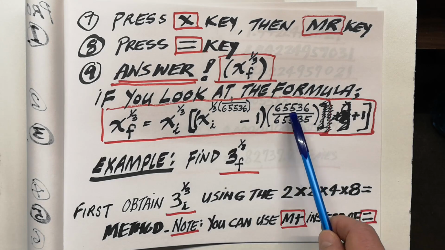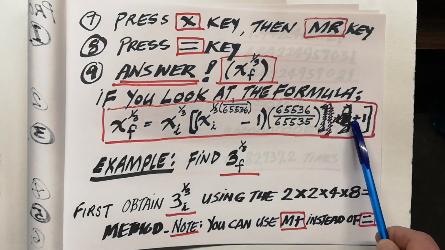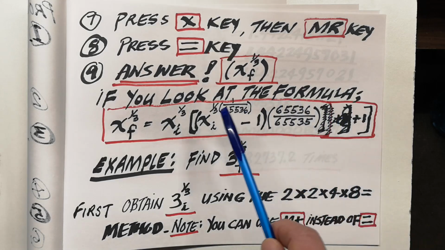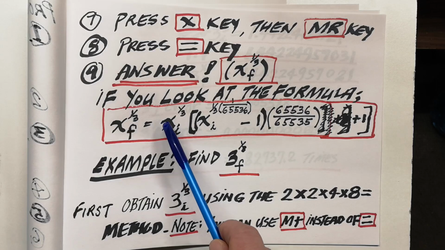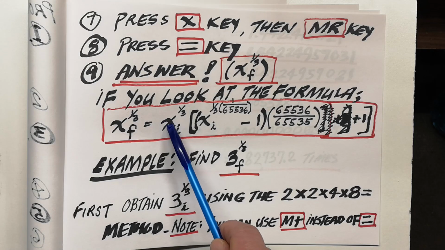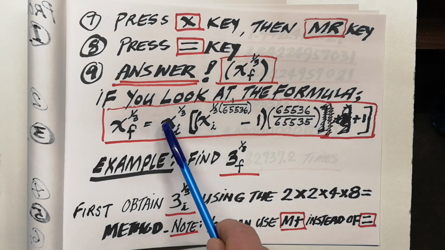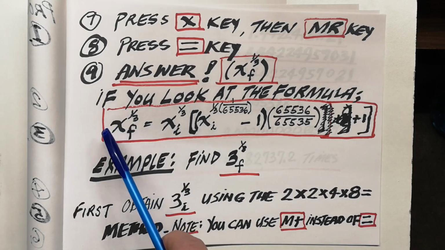After you get the product, you plus back 1 again. And that whole quantity is now multiplied by the memory recall, the memory plus that was stored. So you retrieve it back by multiplying by MR, memory recall. And the product of that is the answer.